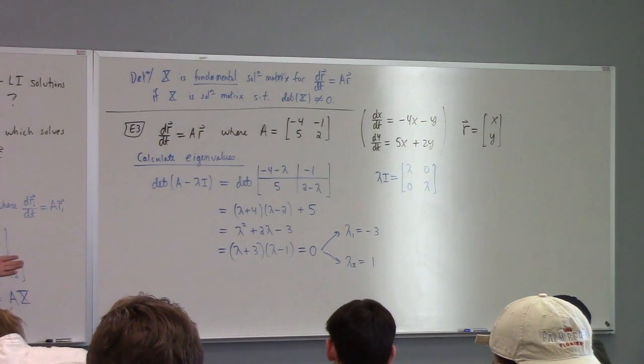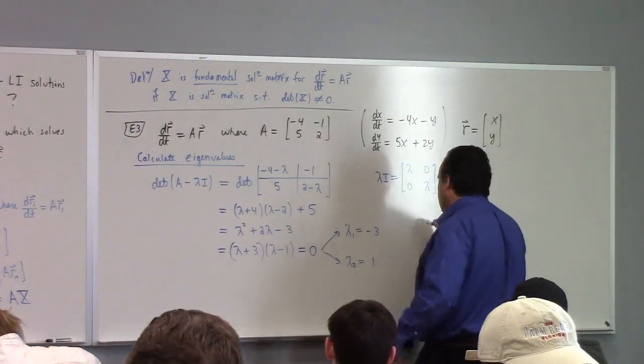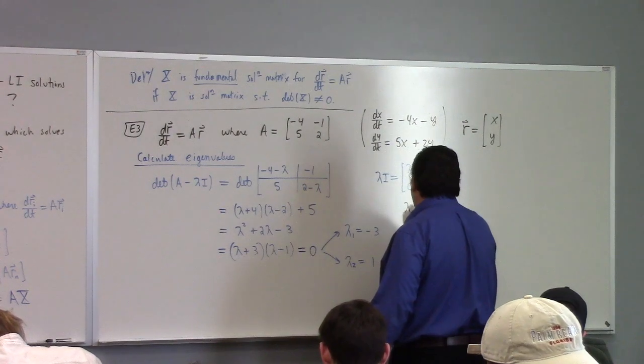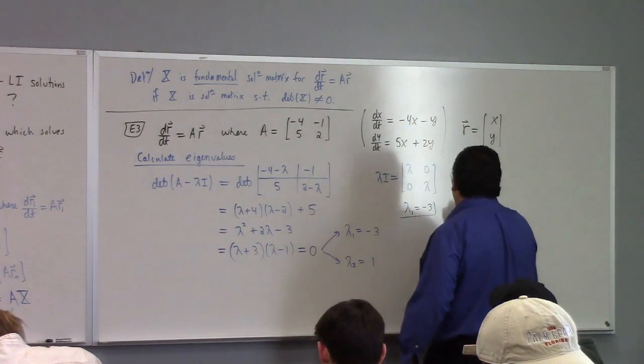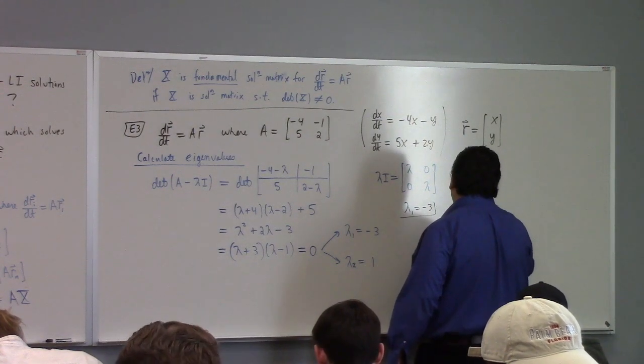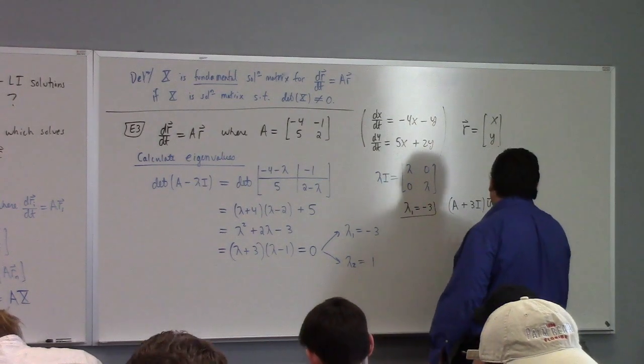So those are eigenvalues. Now to find the eigenvectors, for lambda 1 equals minus 3, I need to solve (A + 3I) u1 = 0.